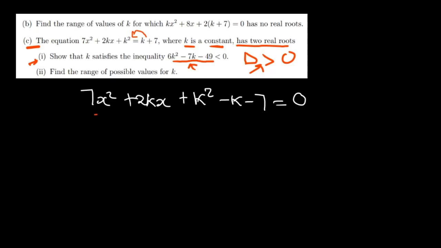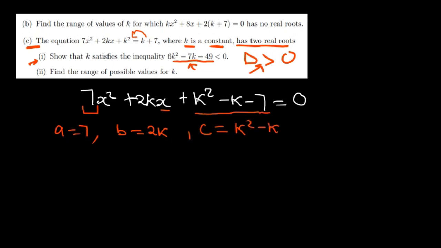This is a standard representation of a quadratic equation. Our a is the coefficient of x squared, so a equals 7. Our b is the coefficient of x, so b equals 2k. Our c is whatever remains and does not have an x, so c is k squared minus k minus 7.